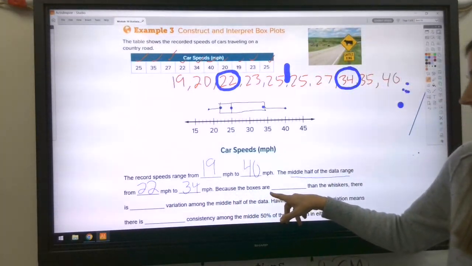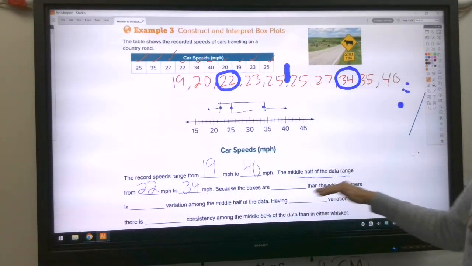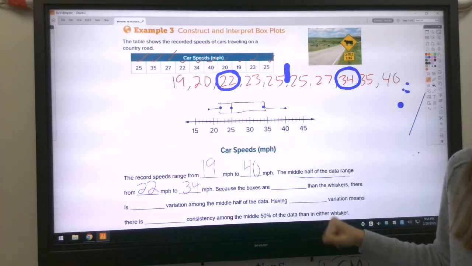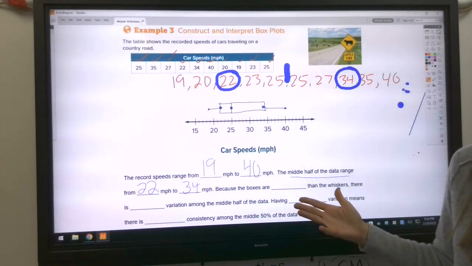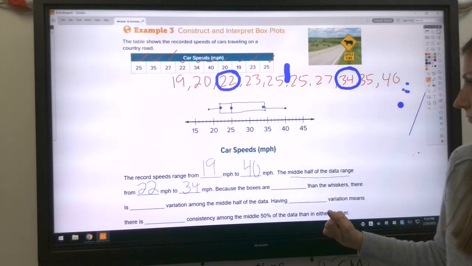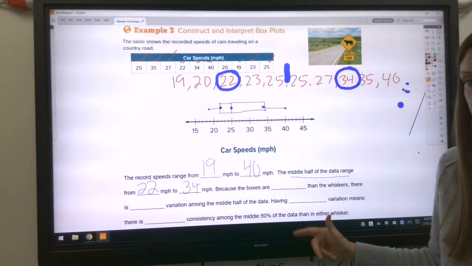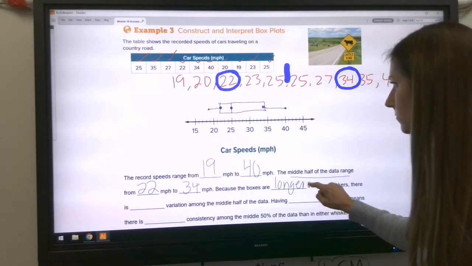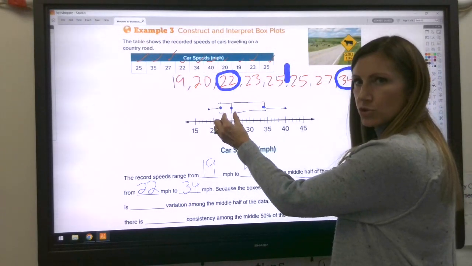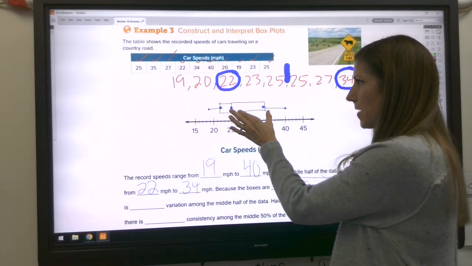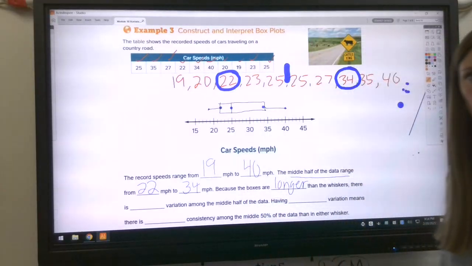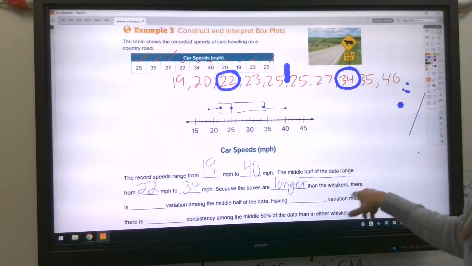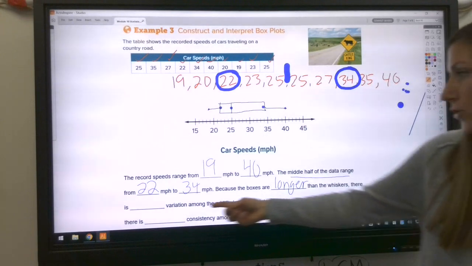Now let's analyze. Compare the boxes to the whiskers. Are they longer or shorter? They're longer. I know this one is short, but the boxes overall are bigger than our whiskers. What is that saying then about our variation?